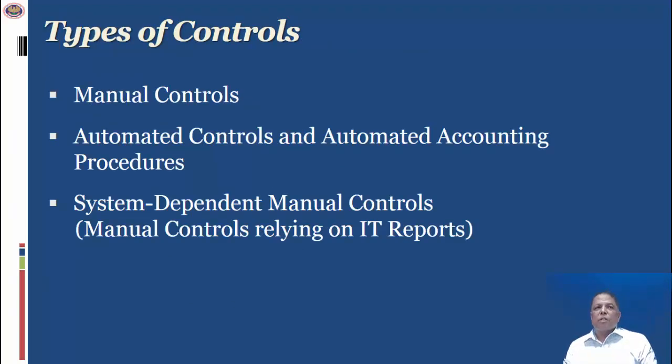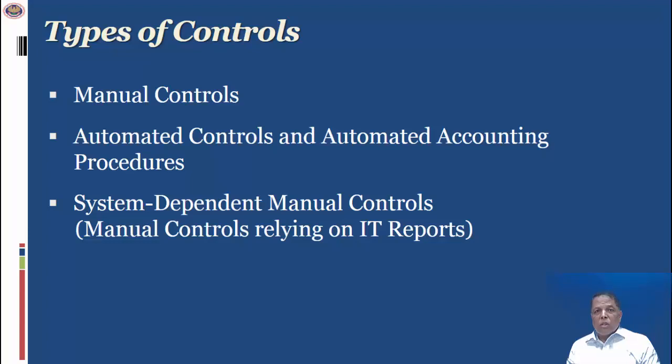Let us understand first the types of controls which the management would have implemented. The first bucket is clearly the manual controls. Manual controls are those controls which require a sign-off. A paper, there is some sign-off on the paper. This is one of the manual controls. You could have automated controls and automated accounting procedures which are completely system dependent.